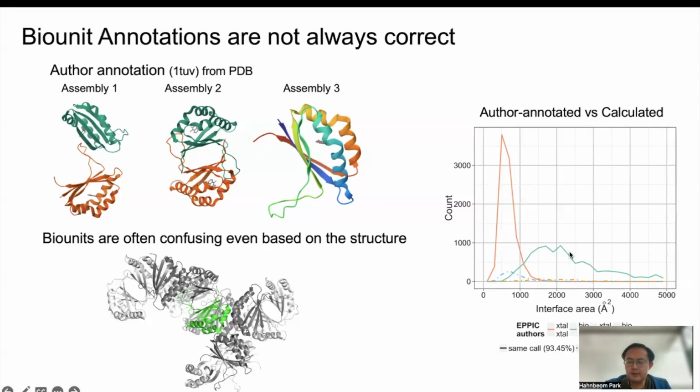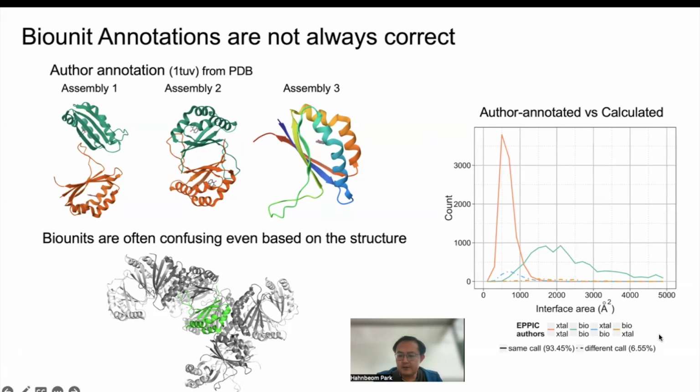So people studied whether authors' annotations are correct in terms of thermodynamics, and argued that about 7% of author annotations of biounits are wrong.